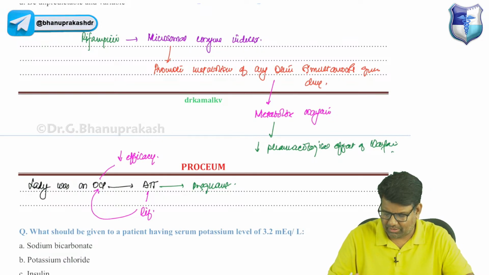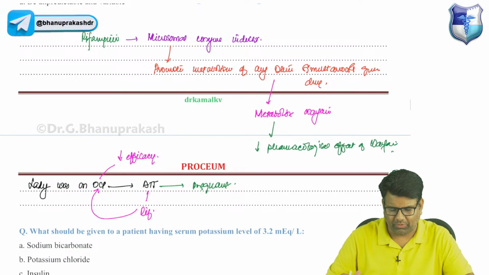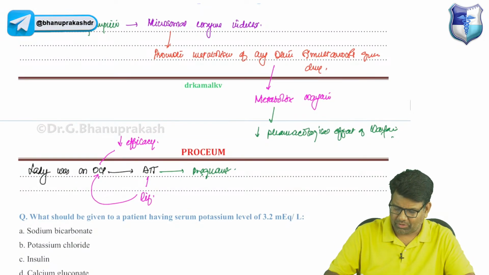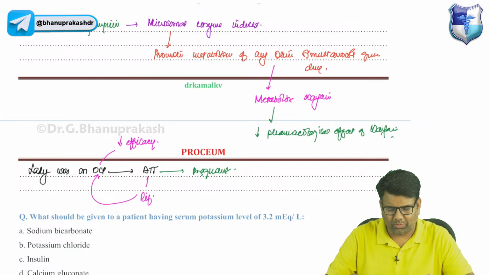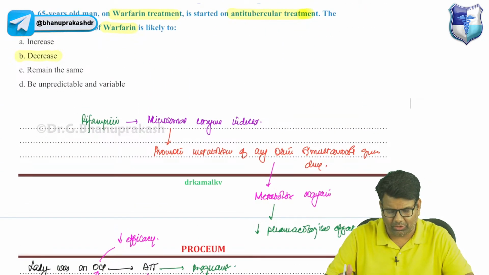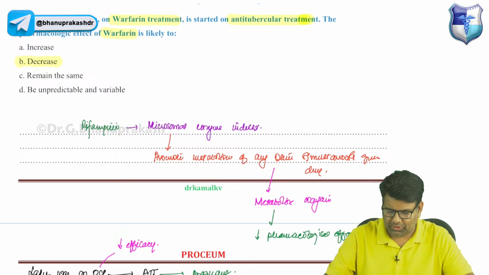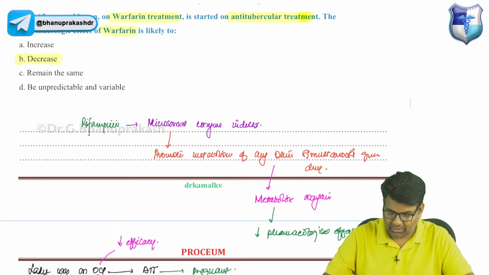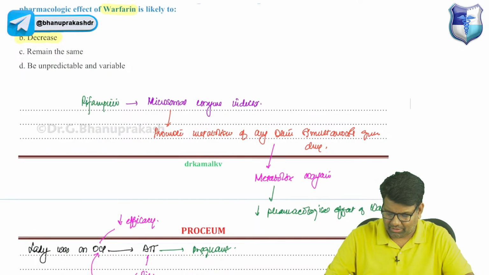Yes, OCP failure, contraception failure. So the concept is the same. It is a microsomal enzyme inducer. Whenever we are giving rifampicin or ATT to any person, we should firstly ascertain whether he is on some other medication or not. If he or she is, it should be addressed properly.